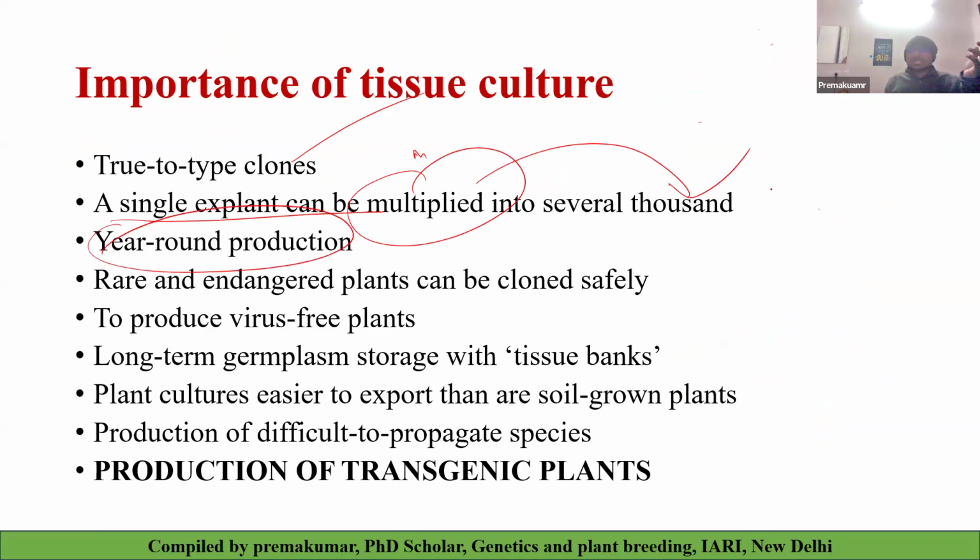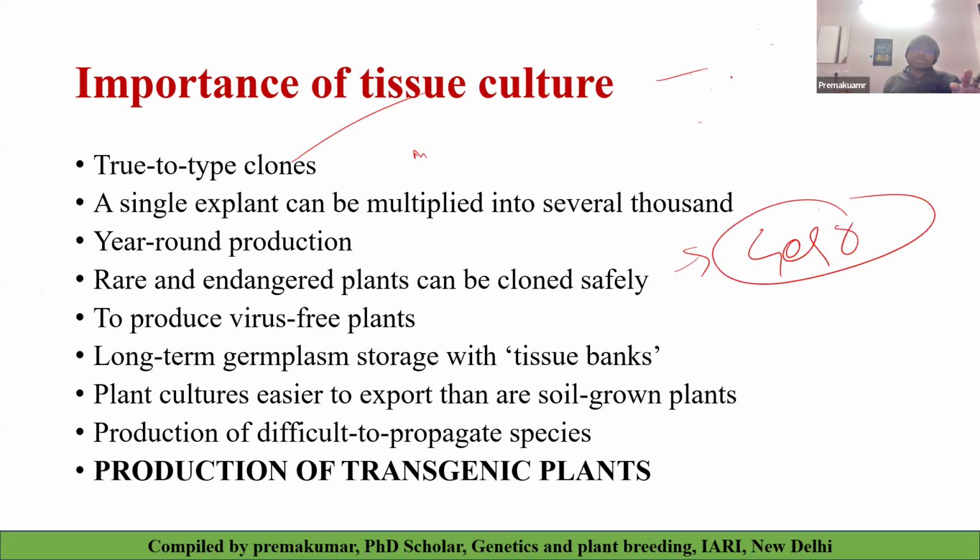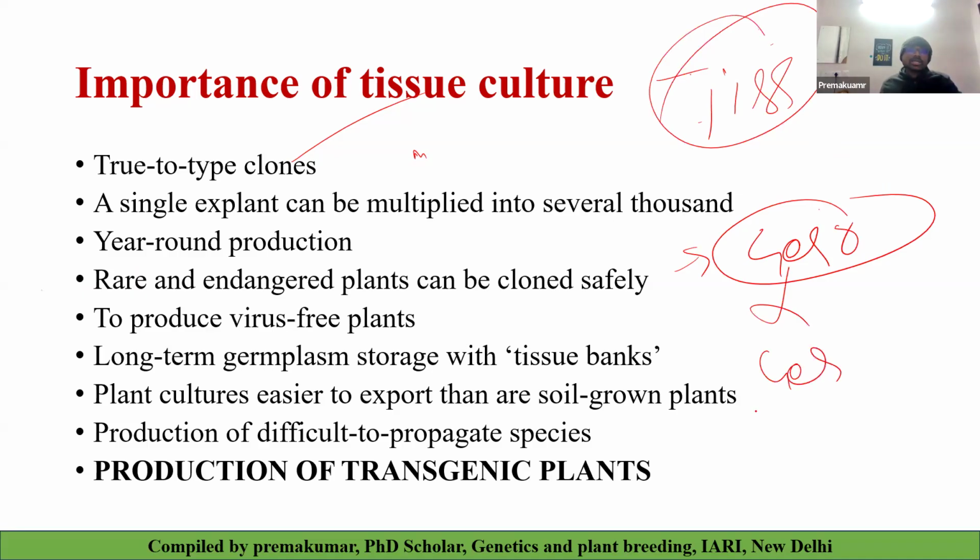And year-round production. Basically, tissue culture happens in in vitro conditions. It does not have any in-field conditions. You can go directly to year-round production, independent of the seasons. Rare and endangered plants can be cloned safely. This I will deal with while discussing germplasm, we have a separate class. That's why I'm not going into tissue culture in detail, because in germplasm conservation there are different types, ex situ and in situ.